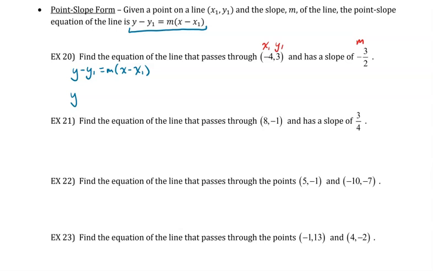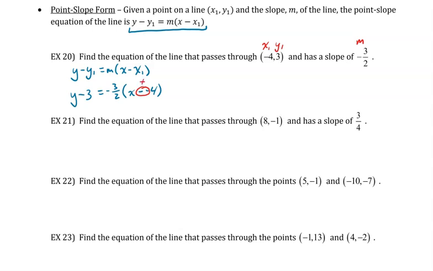So it's going to be y minus y1, which is 3, equals m is -3/2 times x minus x1, which is -4. Before we go any further, I am just going to go ahead and clean up that minus a negative.